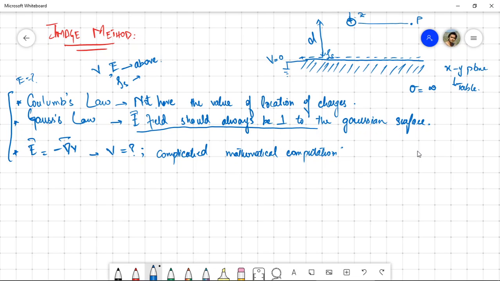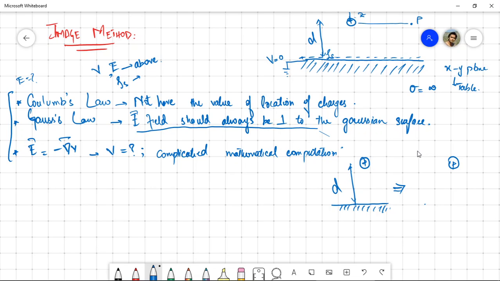In the image method, any given charge configuration above an infinite perfectly conducting plane is electrically equivalent to the combination of the given charge and its image configuration, with the conducting plane removed. What he's saying is that if we have this kind of configuration mentioned above, with an infinitely conducting surface here, and this is the distance D, then this is equivalent to the image.